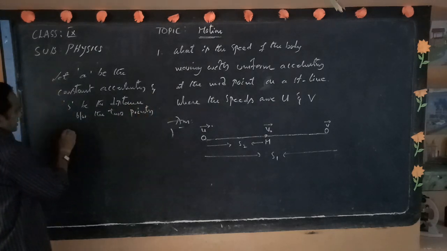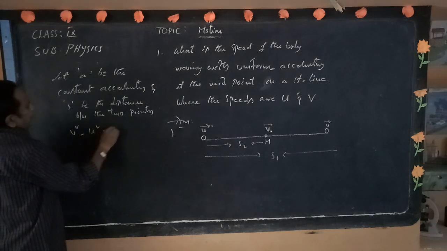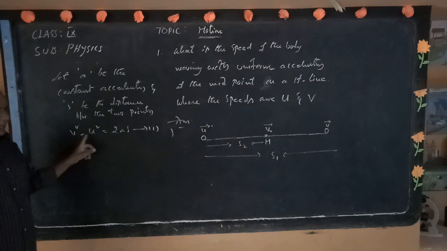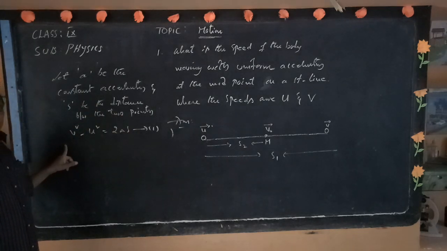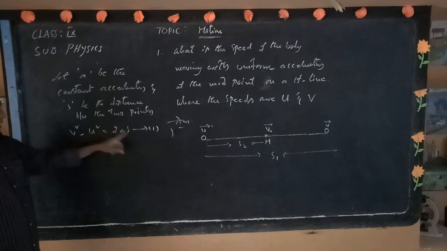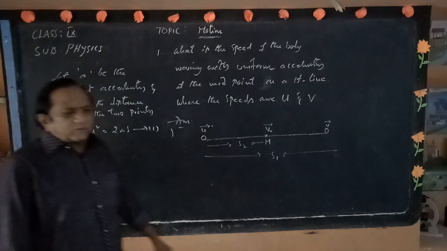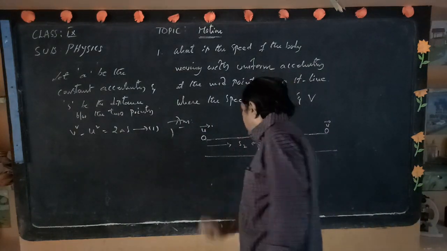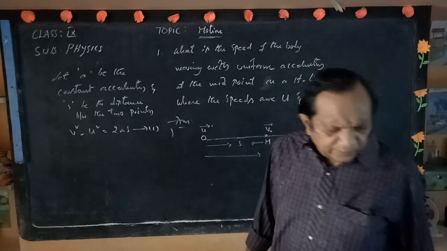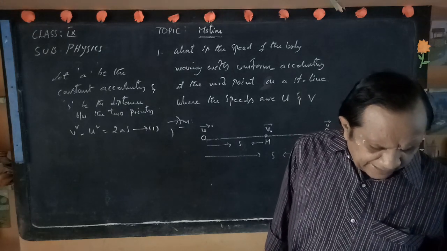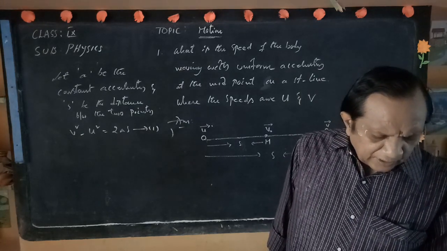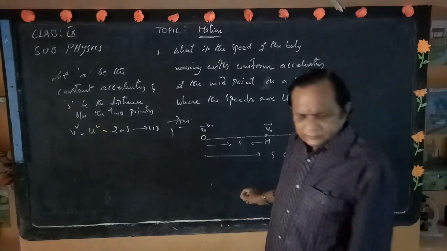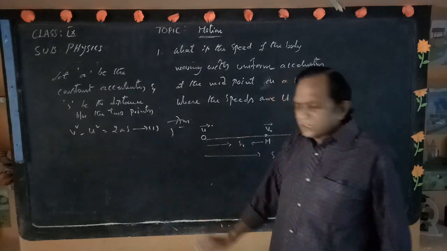Then what application do we consider? V square minus U square is equal to 2AS. Initial velocity is U, final velocity is V, acceleration is A, distance is S. Here the total distance is considered S, not S1, and this one is to be taken as S1.